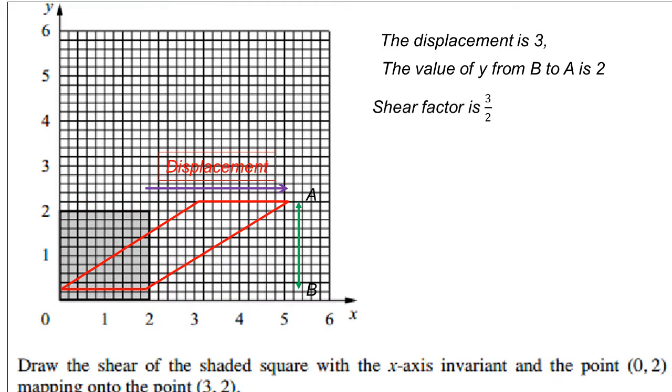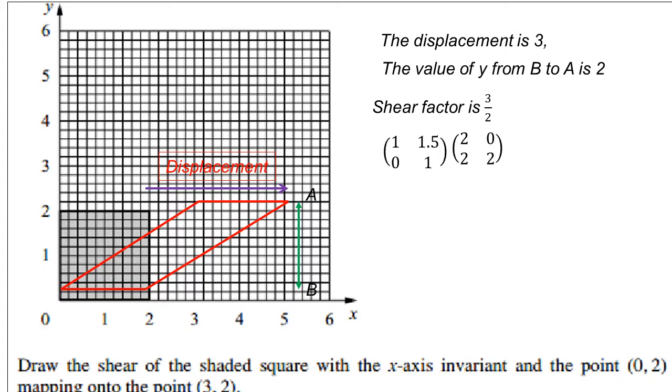So our shear factor is 3/2, which is 1.5. Now to test this, the transformation matrix is 1, 1.5, 0, 1, because 3/2 is 1.5.